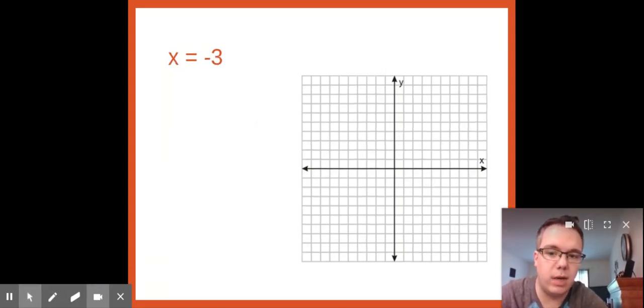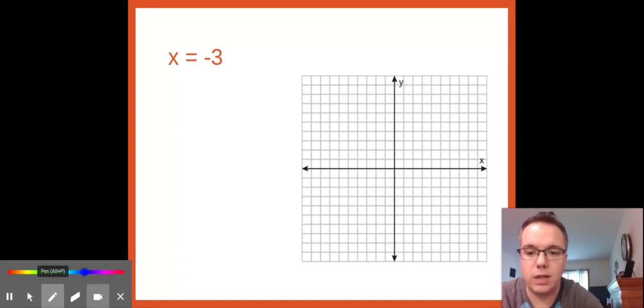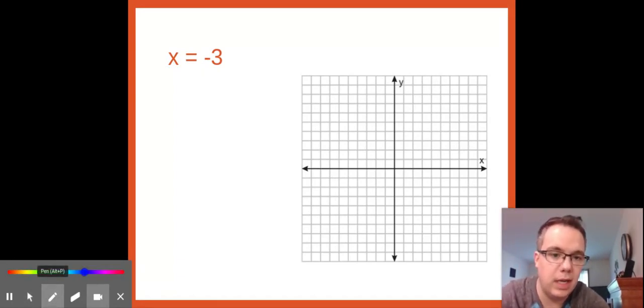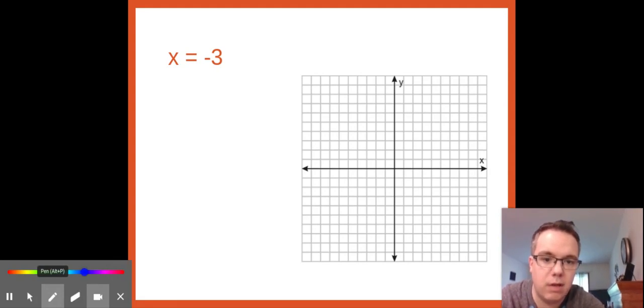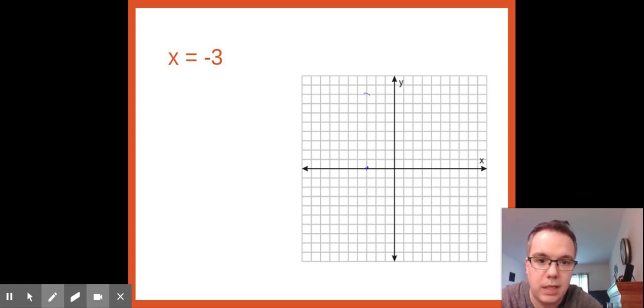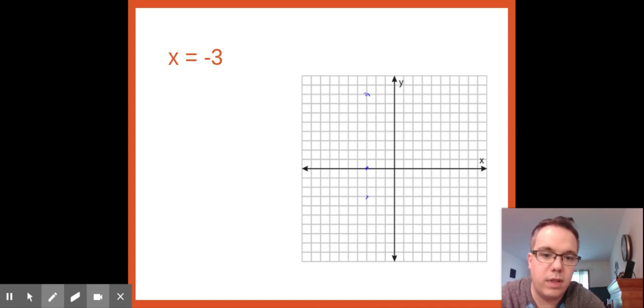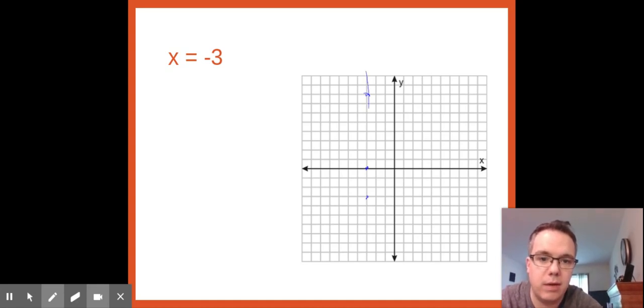If x equals a number, we're going to make a vertical line. So if x equals negative 3, that means any point I have is negative 3, 0, negative 3, 8, negative 3, negative 3. All of the points that start with negative 3 are part of this line, which will make a vertical line.